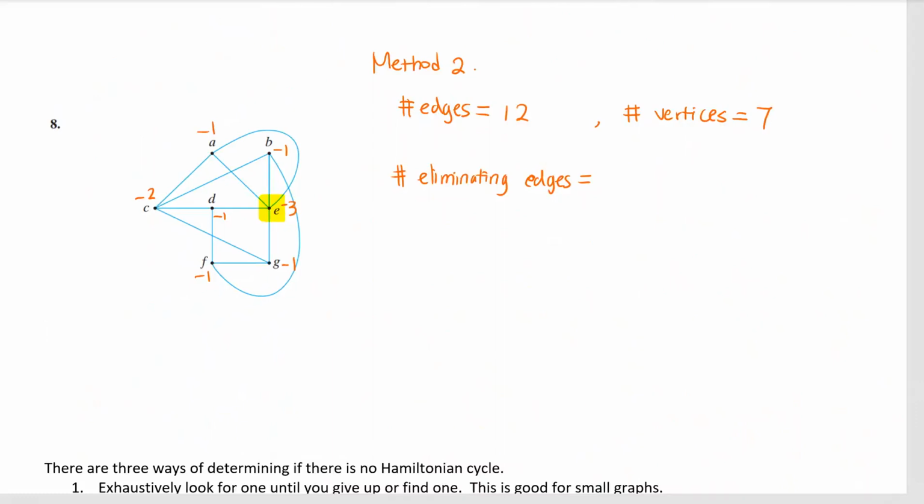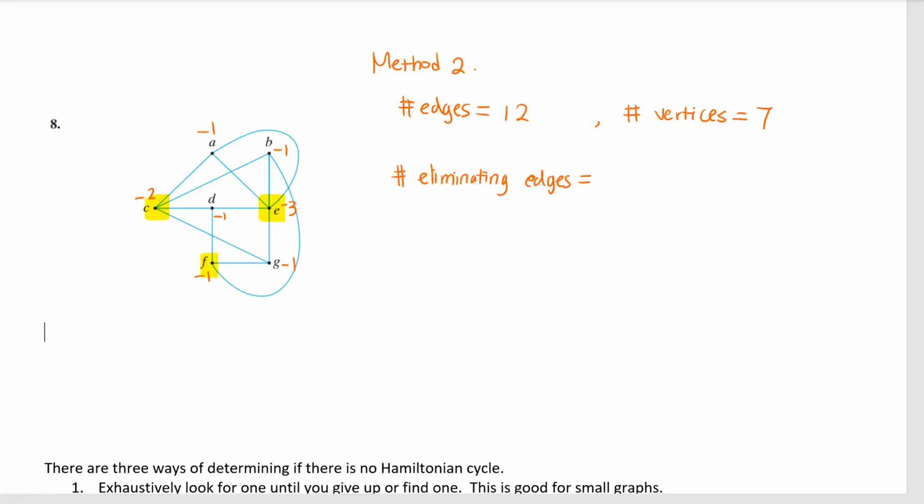And then you can see B is adjacent to E, so don't count B. A is adjacent to E, don't count A. D is adjacent to E, don't count D, but we can count C. G is adjacent to E, don't count G, but we can count F. Okay, so here are all the vertices that we can count.